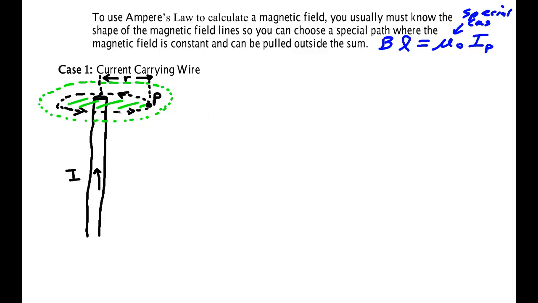Now, because the field lines go along there, B is constant. So it's a constant on my concentric circular path.